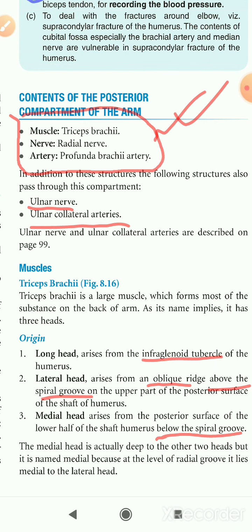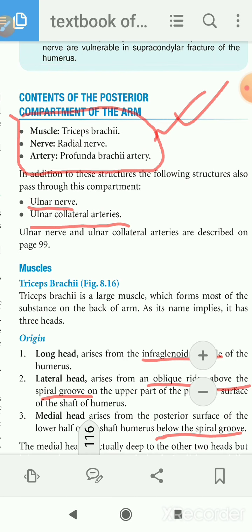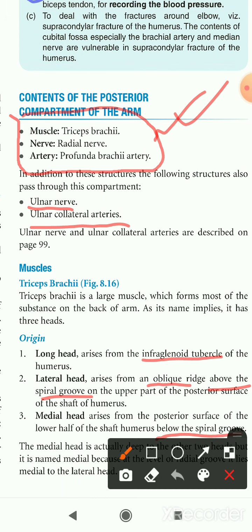In the posterior compartment of the arm, there is only one muscle. This is the triceps brachii muscle, and its nerve supply is the radial nerve. As the radial nerve passes in the posterior aspect of the humerus, it will supply the posterior compartment of the arm.